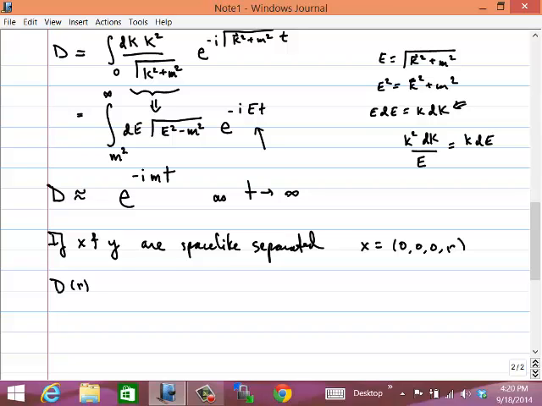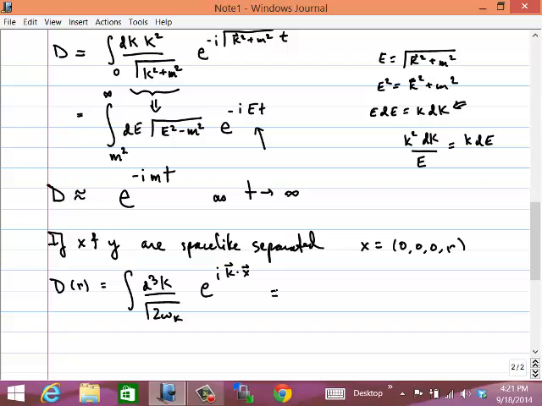So what is this? Well, this is the integral d3k over 2 omega k times e to the i k dot x. No omega factor there because time t is equal to 0 for both x and y.